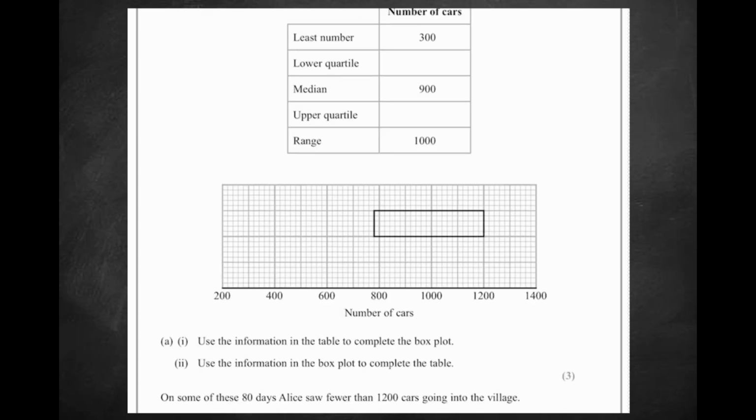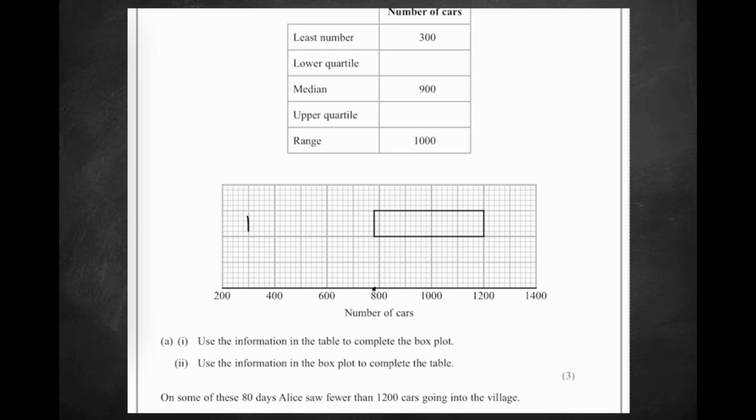So first things first, we're going to put the least number onto the box plot. We know that's 300, and that is going to be shown as a line like this. Then we can see that the lower quartile, which is where the box section of the box plot begins, which is just here, that's going to be what needs to be put into the table.